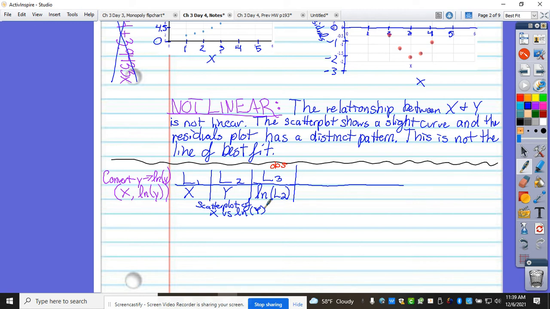And I'll go ahead and tell you here, I went ahead and did 3, 2, 1, and 0 as my y. And then I kept my x the same. And then go ahead and graph that scatter plot, which is going to be list what versus list what? 1 versus 3 right now.